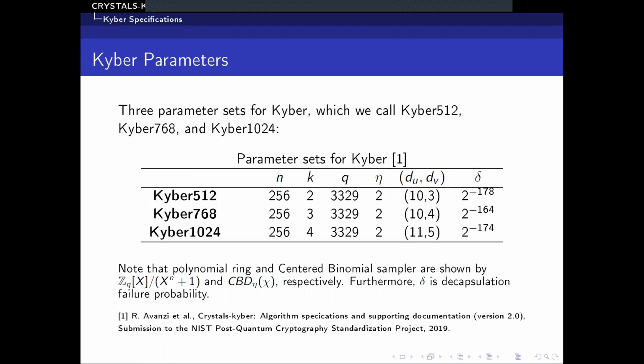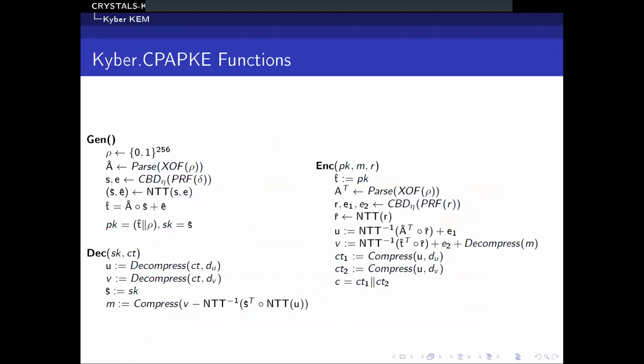In the reference implementation reported by the submitter team, they use the fast Montgomery reduction, and they recover the number from the Montgomery domain at the end of the multiplication. I mean, the element goes to the Montgomery domain when we compute A, and when we sample and convert E and S to the NTT domain, and then we have a back transformation here.